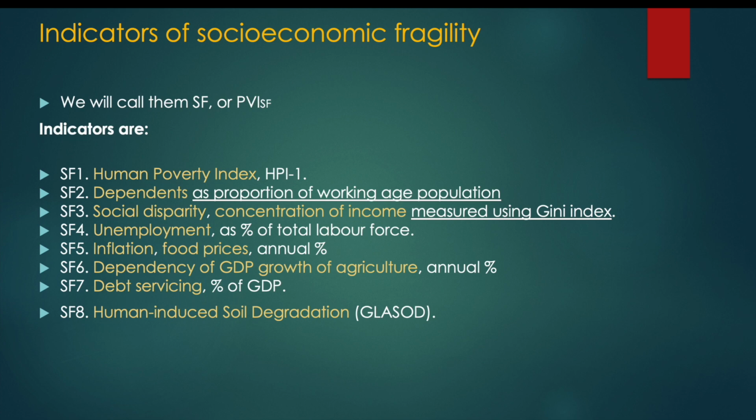Unemployment as percent of total labor force. Fifth indicator is inflation, food prices, and sixth indicator is dependency of GDP growth on agriculture. Seventh indicator is debt servicing, and eighth indicator is human-induced soil degradation.